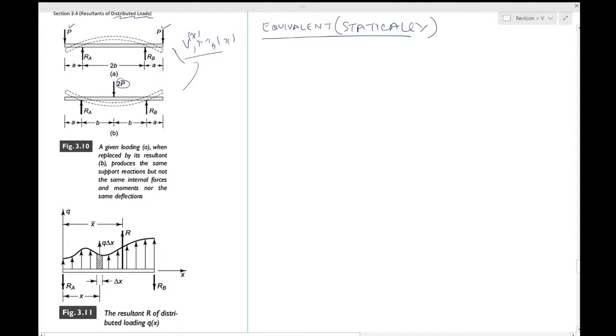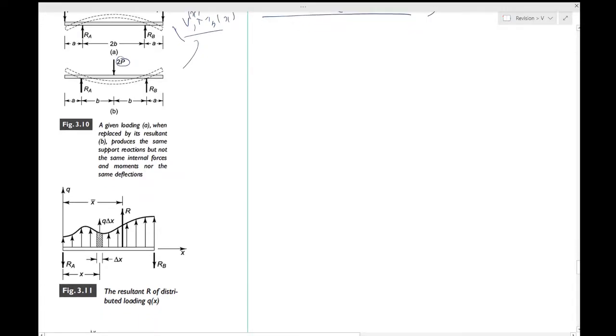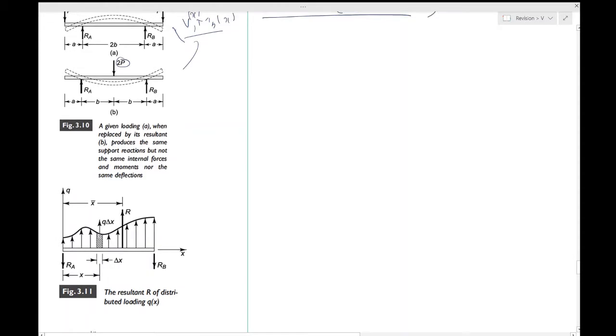So you consider now one dimensional loading, parallel forces, intensity q of x. We have already seen that. And to determine the magnitude of its resultant, you want to find the resultant of this, and its location.